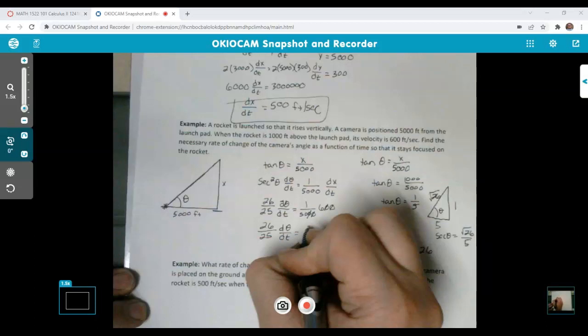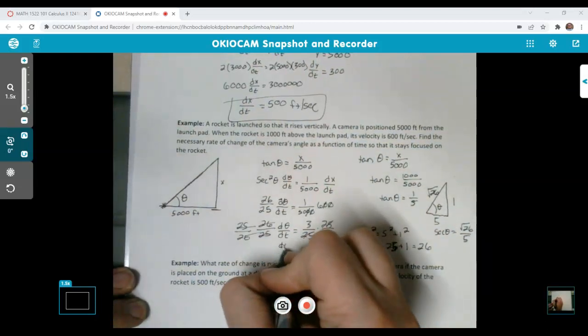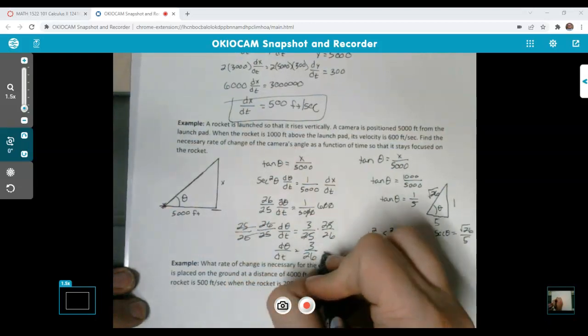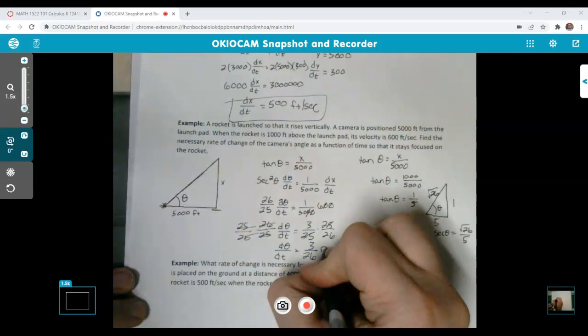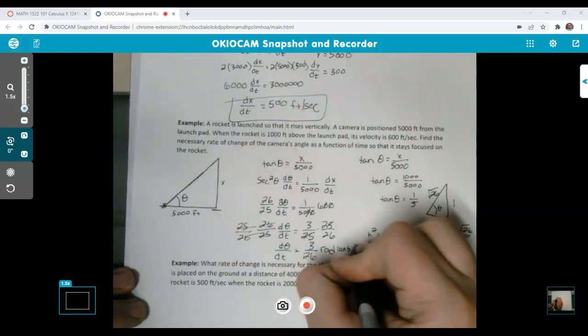To solve for d theta dt, multiply by 25 over 26 to cancel it out. 25's cancel out. So d theta dt is equal to 3 over 26. And since this is theta, this is radians per second.